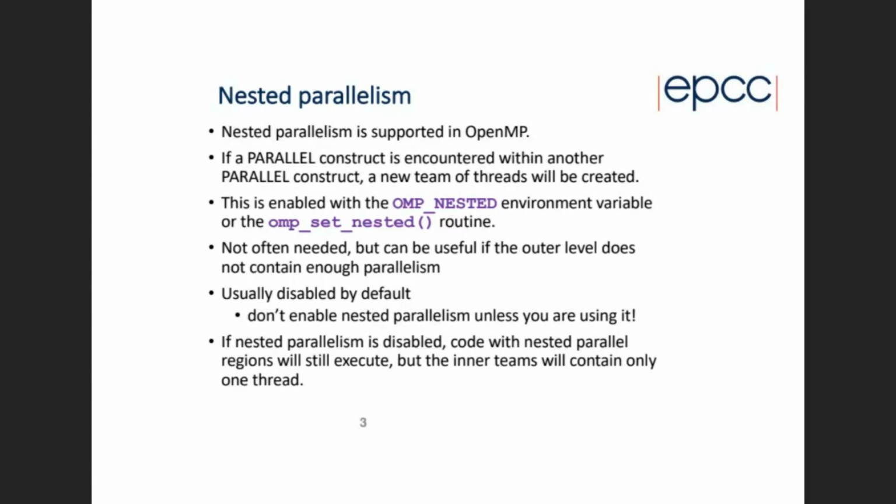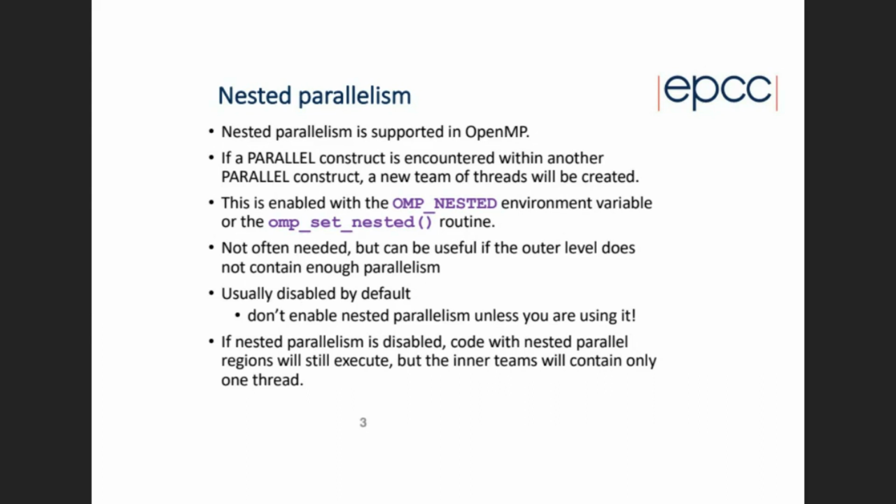It's usually disabled by default because enabling it does incur some additional bookkeeping overheads in the OpenMP runtime. So don't turn it on just because, okay? Because it can negatively impact performance if you turn it on and don't use it.